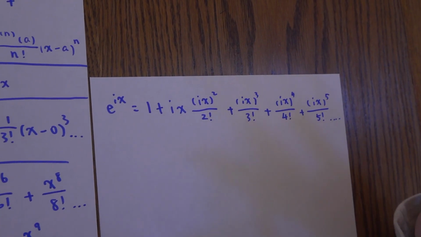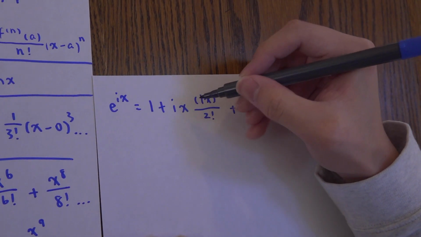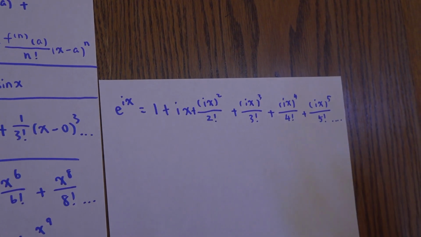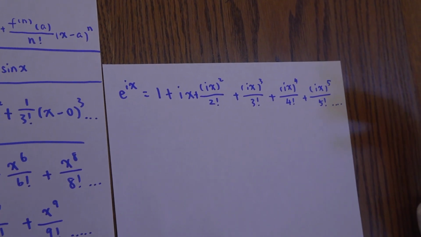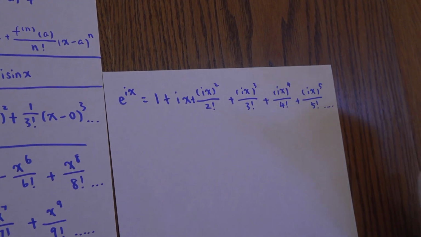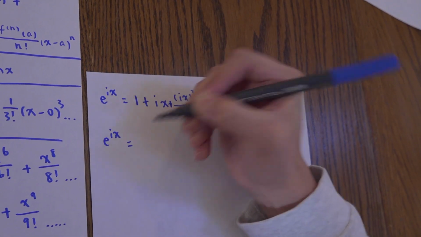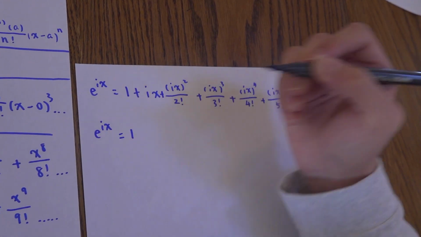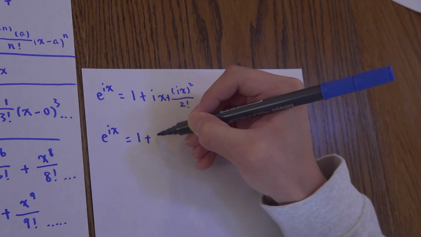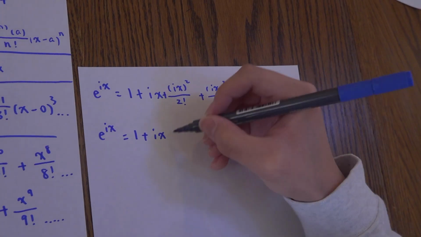I missed a plus sign over here. Then, if we know our imaginary number identities, we can simplify this equation. Let me do the simplification work right here. The first term will still be 1. The second term will still be ix. There isn't much we can do about that.